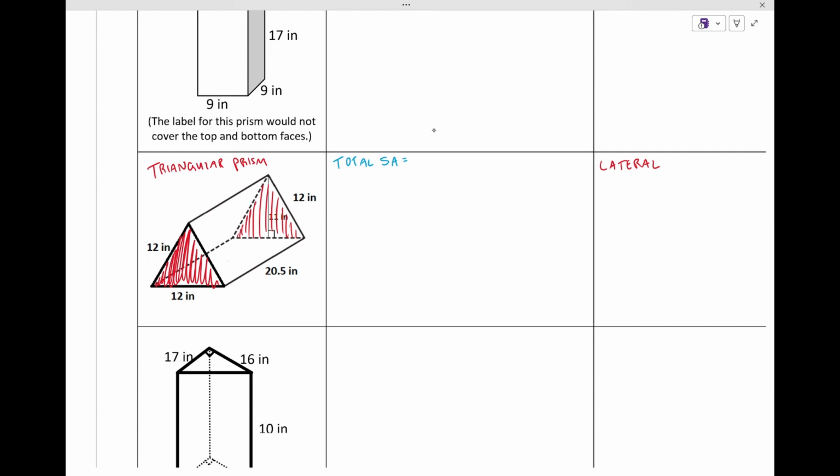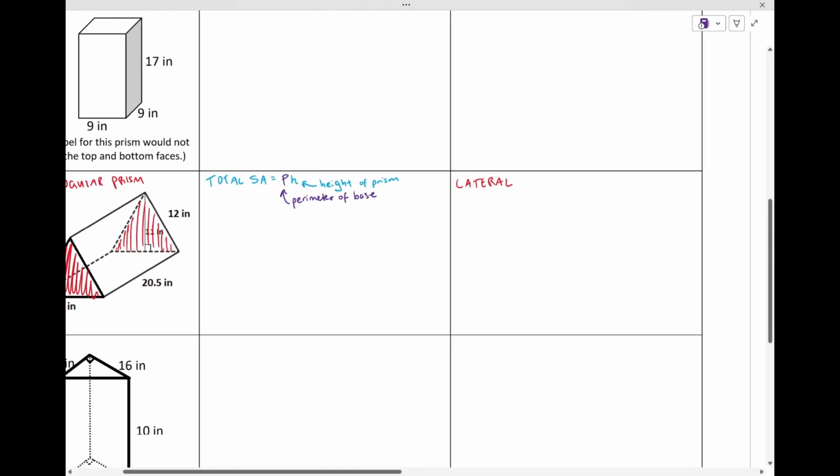Let's do purple. And how about blue? P times H. Remember, P is your perimeter. And we should be familiar with H. H is just your height of the prism. Perimeter, we're talking about perimeter of the base. In this case, our base is a triangle.